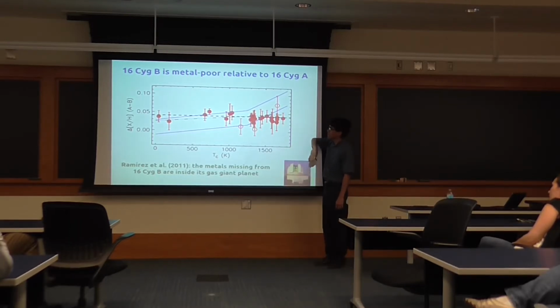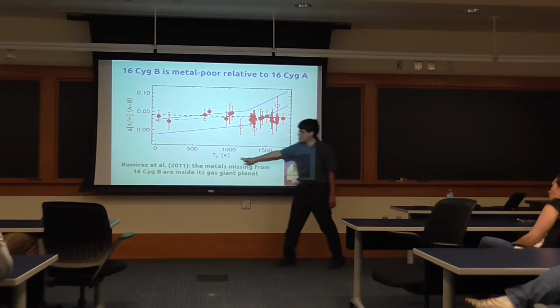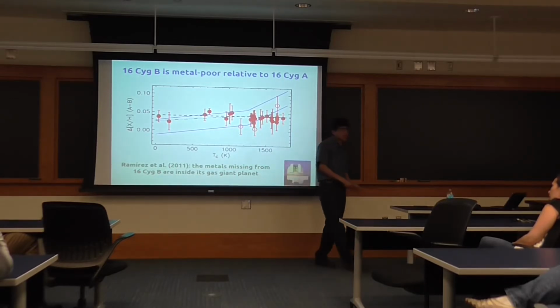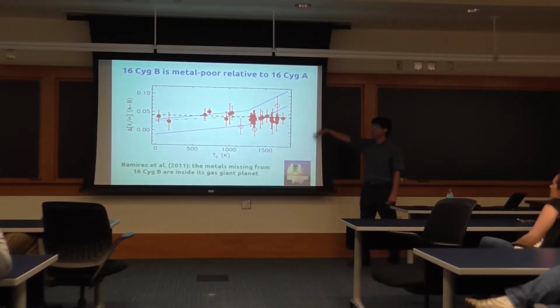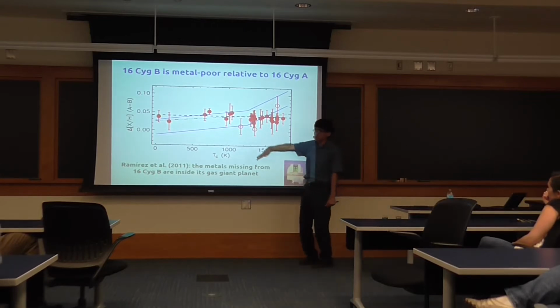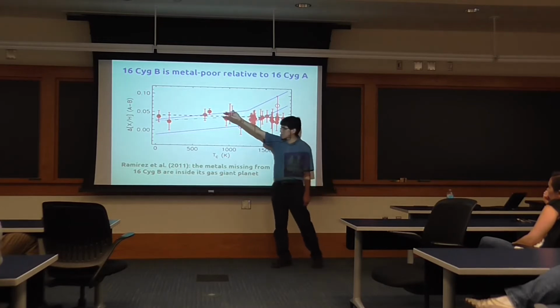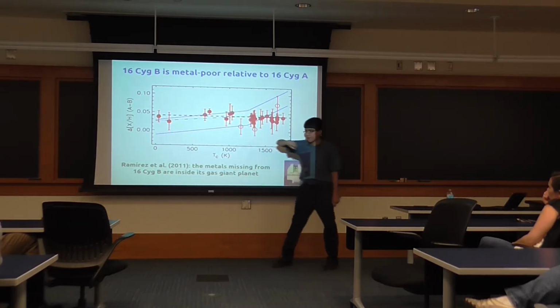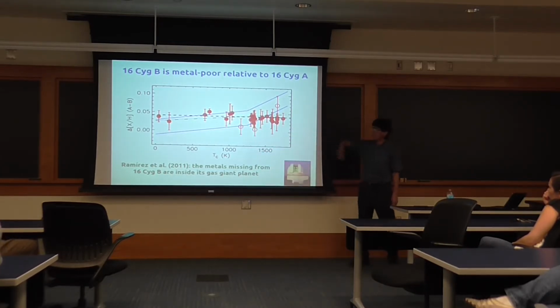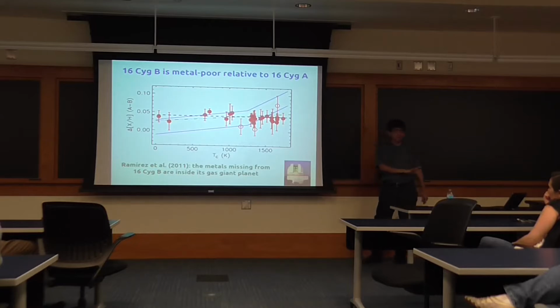And also notice this is condensation temperature. They don't have the same composition, and this difference doesn't correlate with condensation temperature. It's just an offset. Everything just goes up, in this case, when we compare A to B. So what this means is that B, the star that has a planet, is metal poor relative to the one that didn't form a planet.